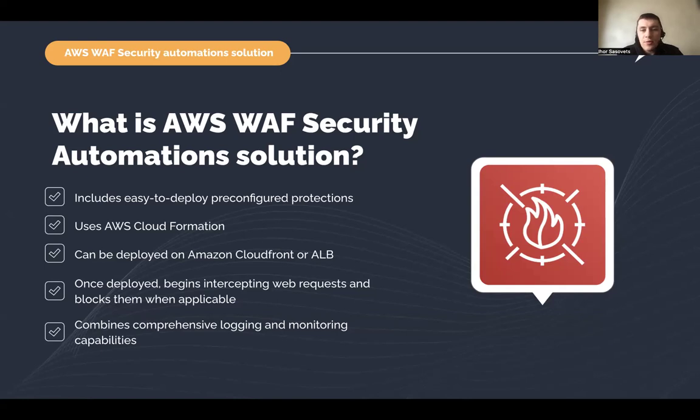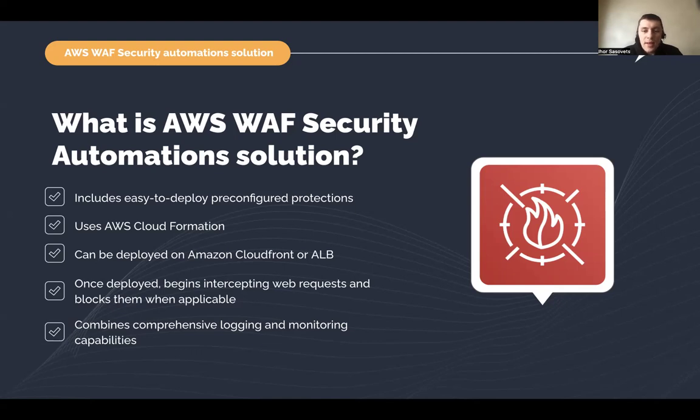It is easy to integrate because it contains existing sets of rules and all required components that can be deployed all together using a CloudFormation template. So you can start with this solution in minutes. Then you can easily attach it to your CloudFront or application load balancer. Once deployed, this solution and the created web ACL help to intercept web requests and web traffic and analyze it.